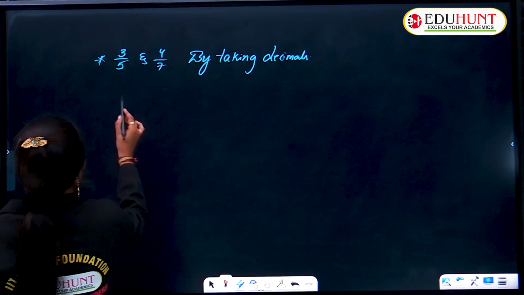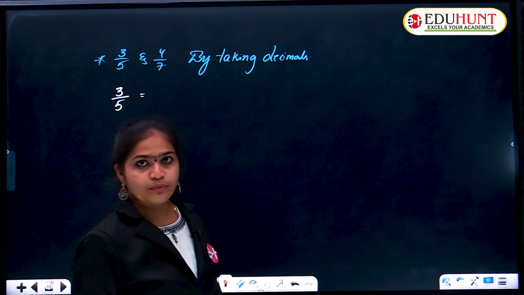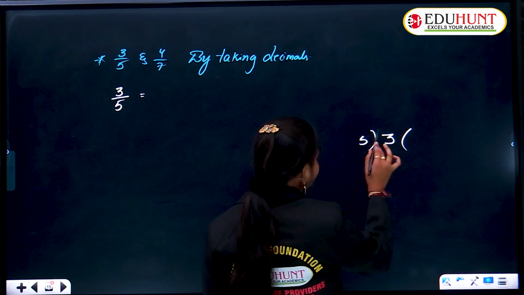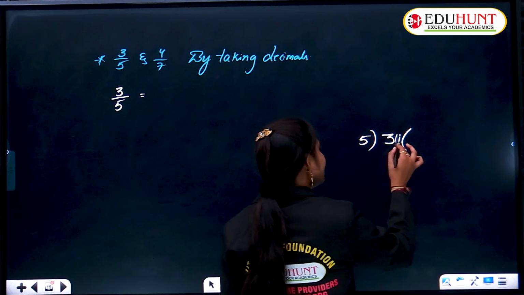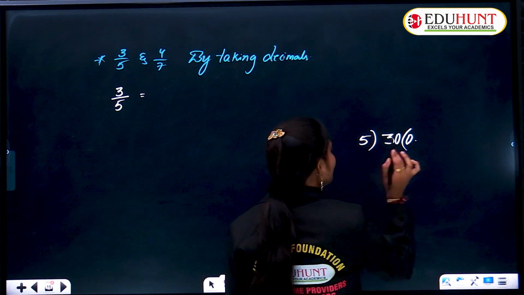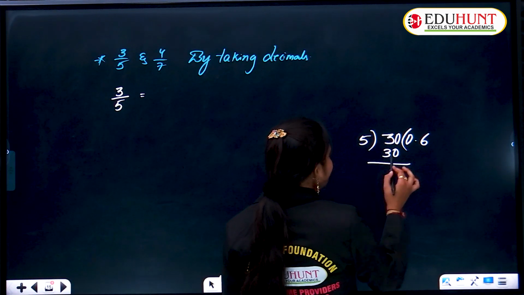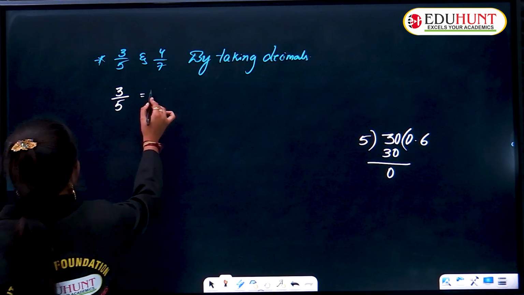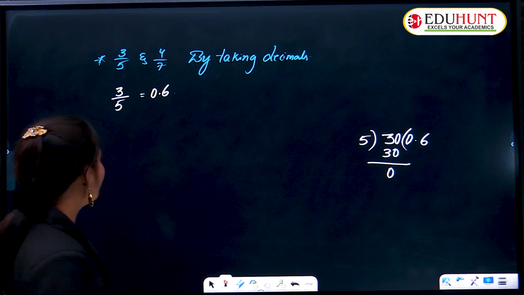See here, 3 by 5, what is the meaning of 3 by 5? 3 divided by 5. 3 is less than 5, that's why keep 0 here and here also keep 0. 5 sixes 30, 30 minus 30 is 0. Then you are getting 0.6. Exactly we are having 0.6.